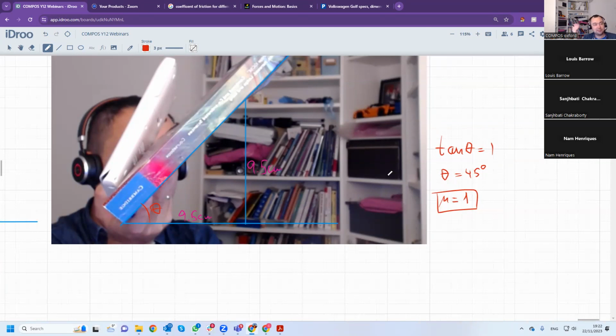Okay, so yeah, simple example, simple experiment. And this is how I convinced myself that you can actually have a coefficient of friction more than 1 with some materials.